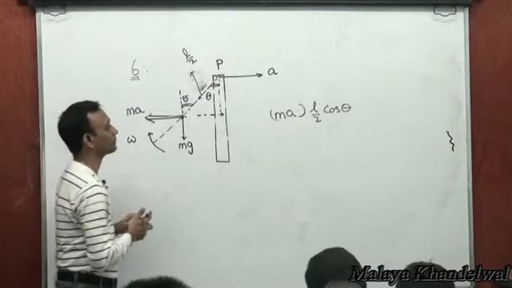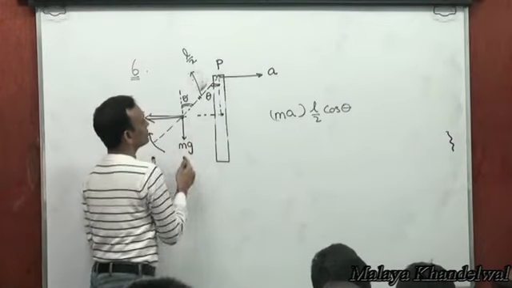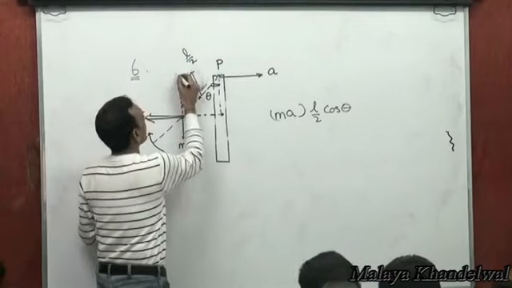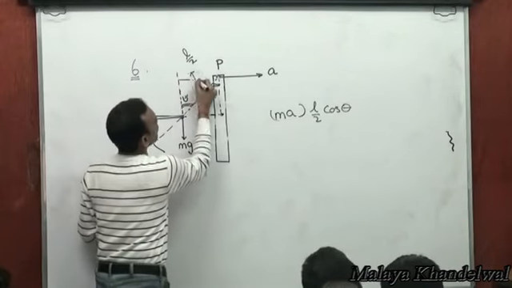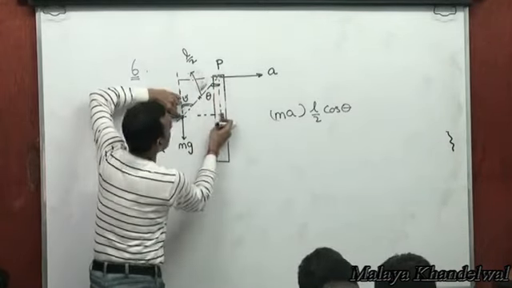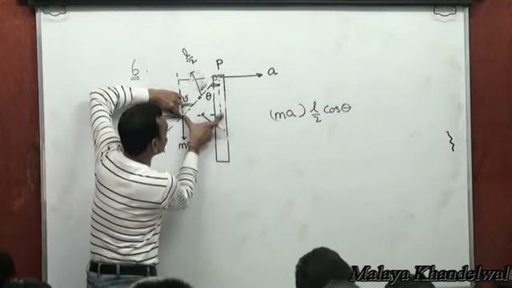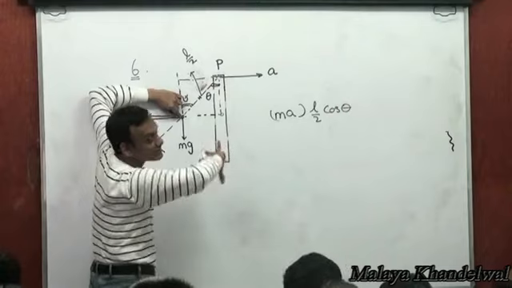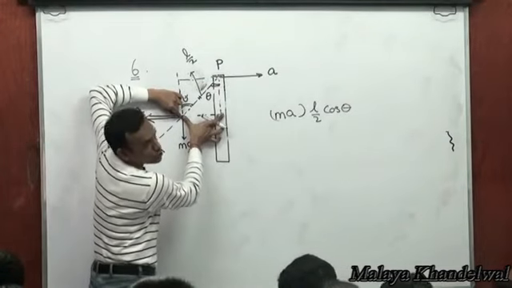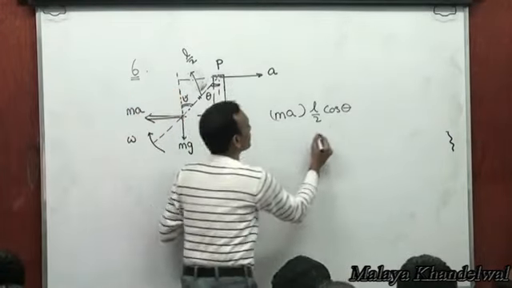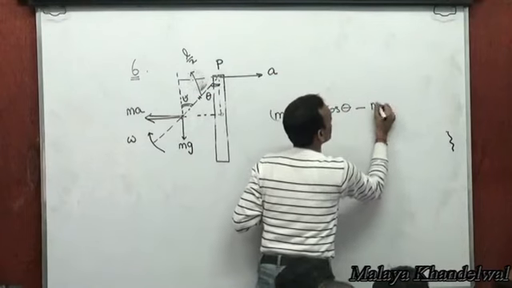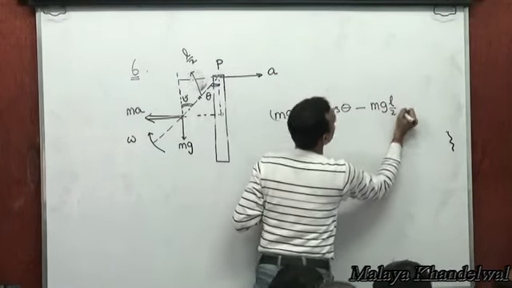Torque because of mg about P: the line of action of mg is this, and the moment arm of mg is this length. So torque because of mg would be mg into this length, anti-clockwise, but this length is L by 2 sine theta. So minus mg into L by 2 sine theta.